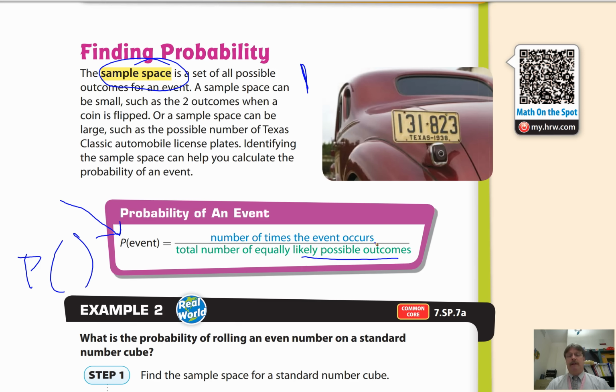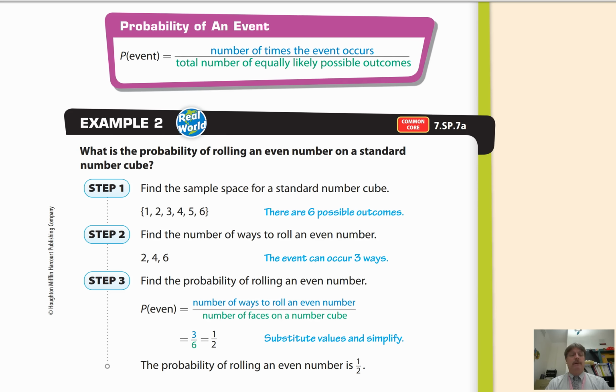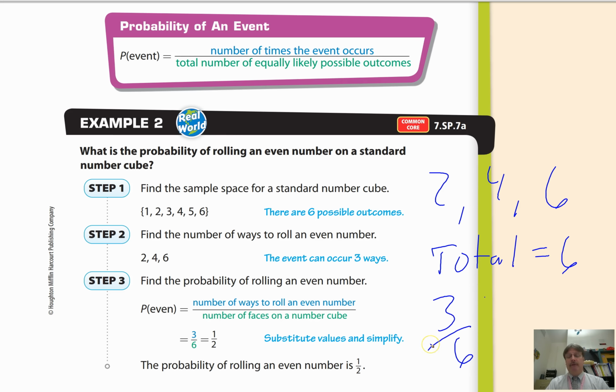If we look at example number 2, what is the probability of rolling an even number on a standard number cube? We have 2, 4, and 6 are even numbers, and there's a total of 6. It's going to be 3 over 6, and if we reduce that, it's going to equal 1/2. So the probability of rolling an even number is 1/2.